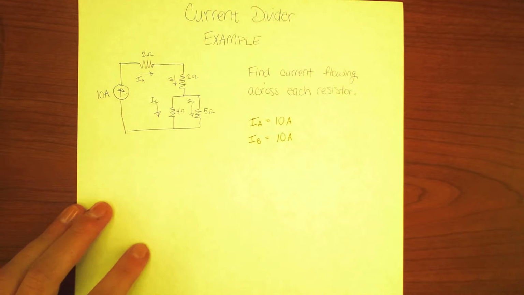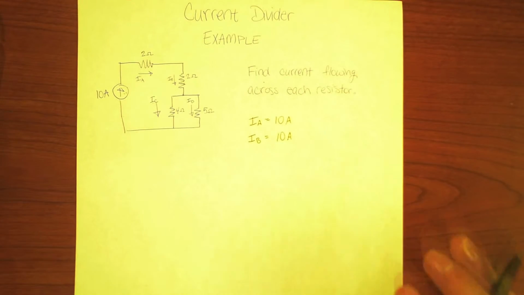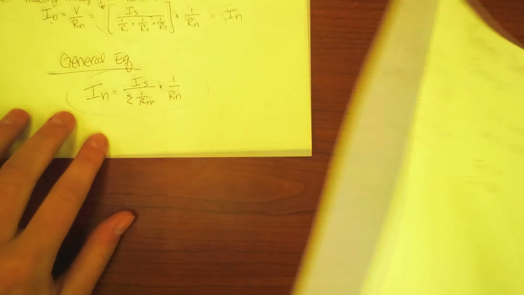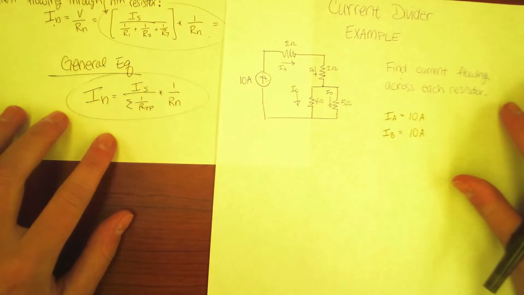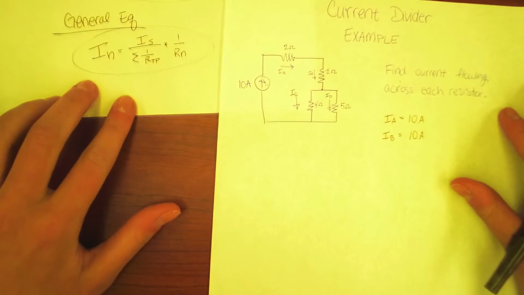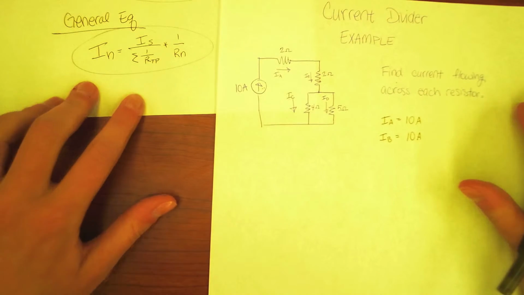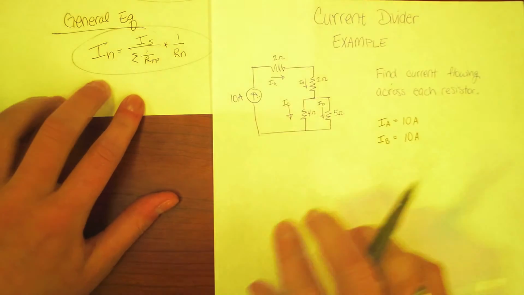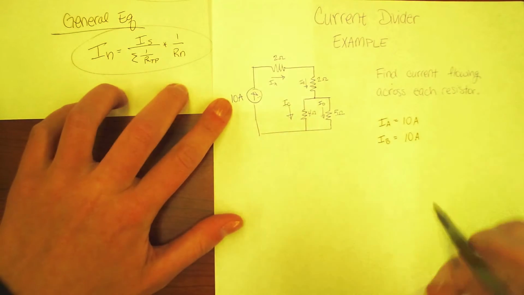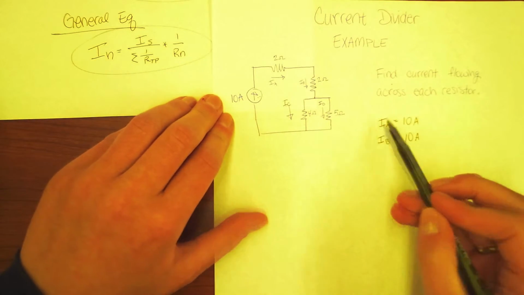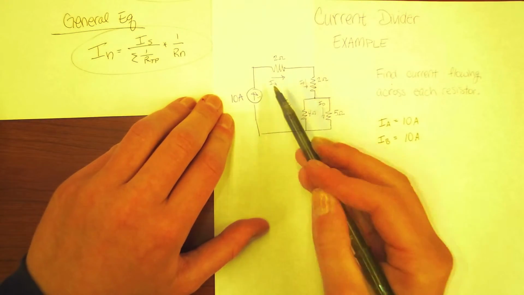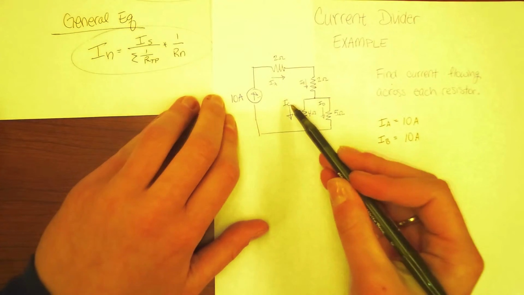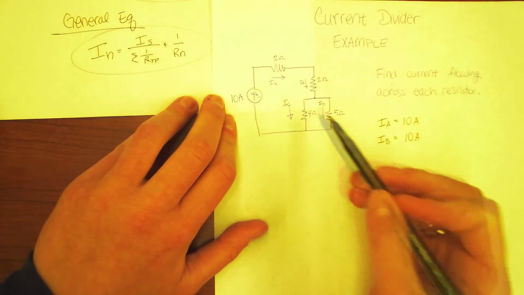So let's look at our equations that we have. I'm going to bring this back. And for this one, we're just going to need this general equation. Okay, so we've already found IAB and IA and IB, so now we still have to find IC and ID.